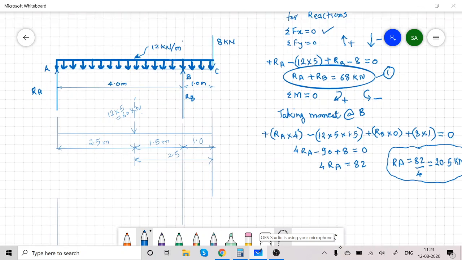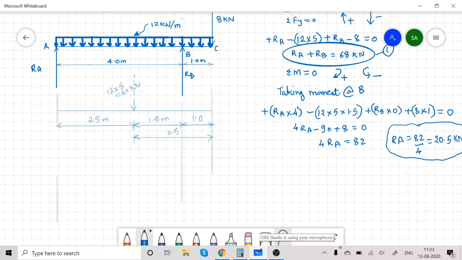Okay. Now, taking moment about A. Again, all clockwise moment positive, all anti-clockwise moment negative.